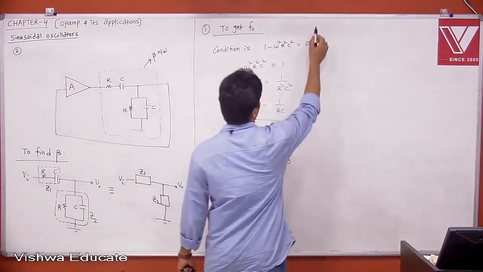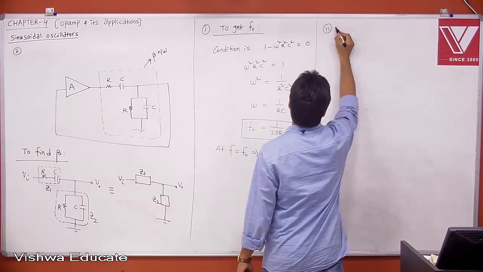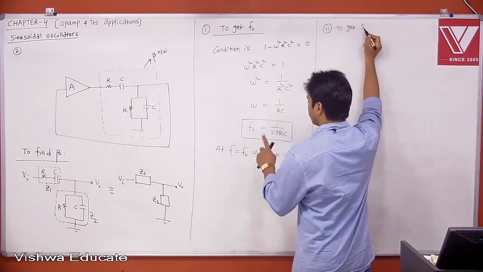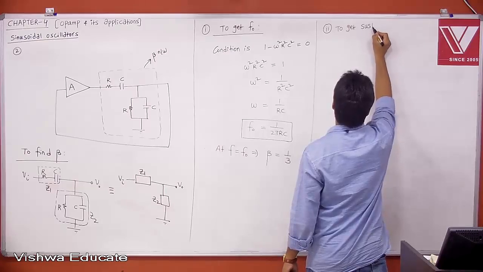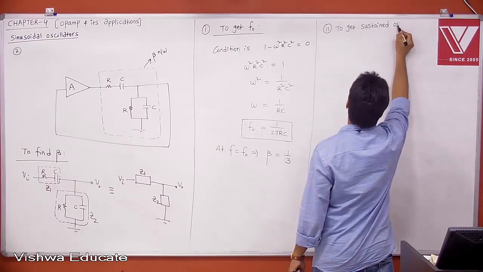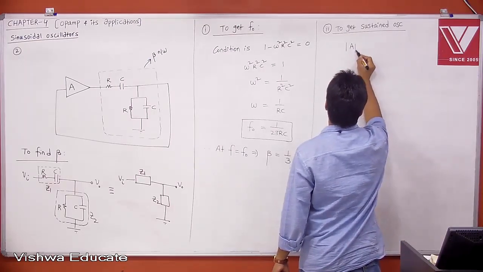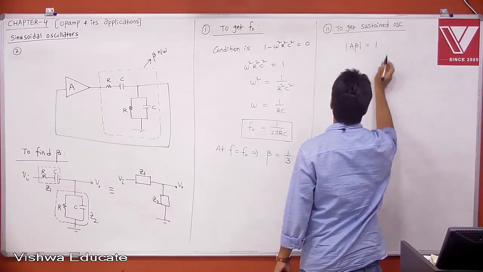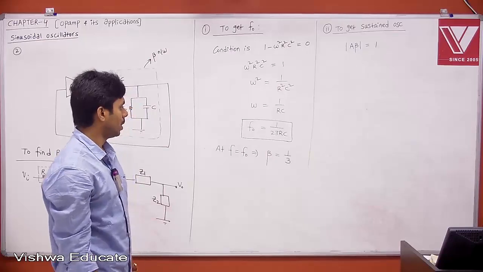Now, case 2. What is case 2? To get sustained oscillations. Once you get oscillations and resonant frequency, now to get sustained oscillations, your mod A beta should be equal to 1.